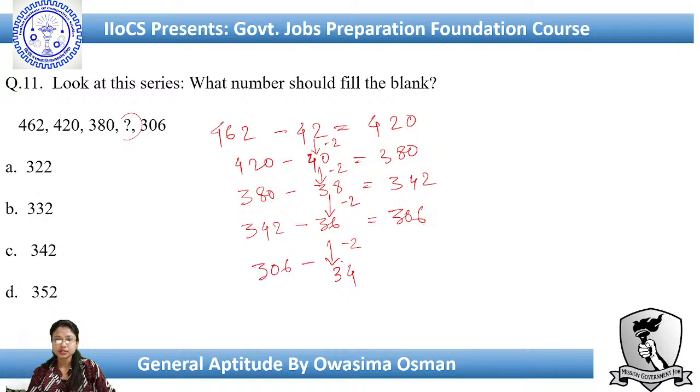So 306 minus 34 will be 272, but we have to find the missing number. So our missing number will be 380 minus 38, that is option C, 342.